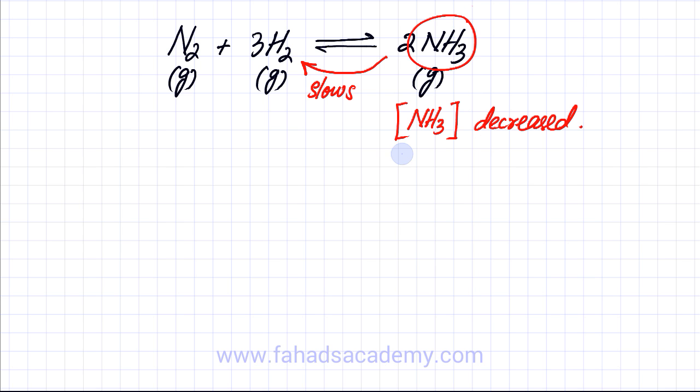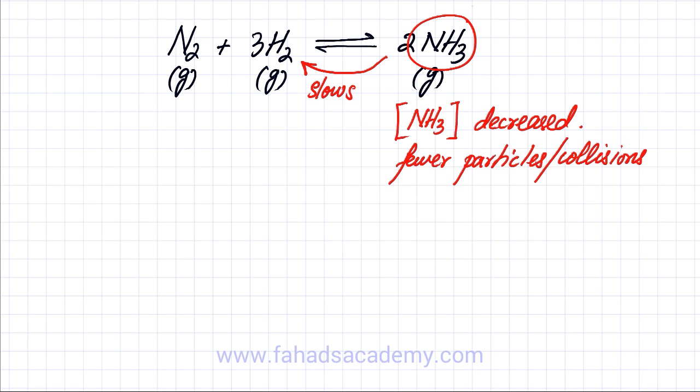The speed of the backward reaction slows down because you have fewer particles of NH3. The concentration decreases, so you have fewer particles of NH3, which would result in fewer collisions, which would result in a decrease of the backward reaction. So your backward reaction would slow down. And in relative terms, your forward reaction would be faster.